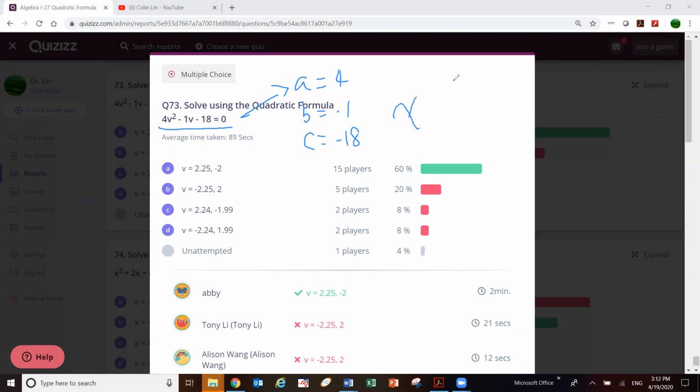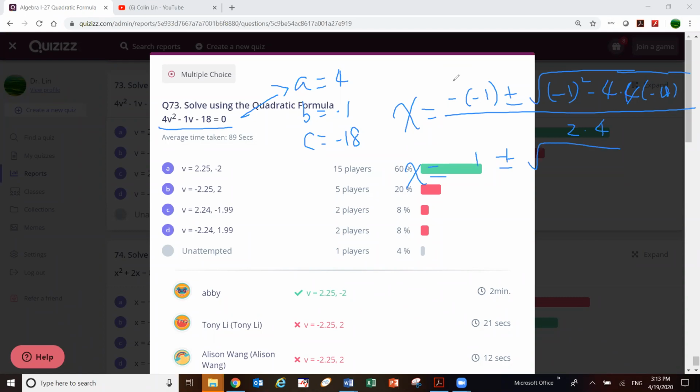So using the method, x is -b plus or minus the square root of b squared minus 4ac, where c is -18. This is a pretty big number, right? So it's sometimes not easy to calculate. You can use a calculator if you really need it.